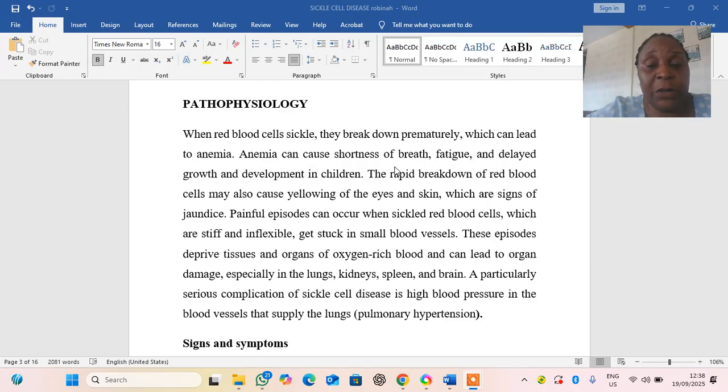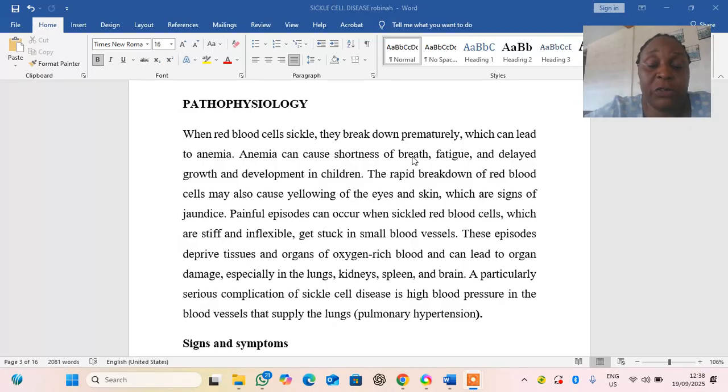in children. When we talk of shortness of breath, it means that when the cells become sickled and break down, we have fewer oxygen receptors.